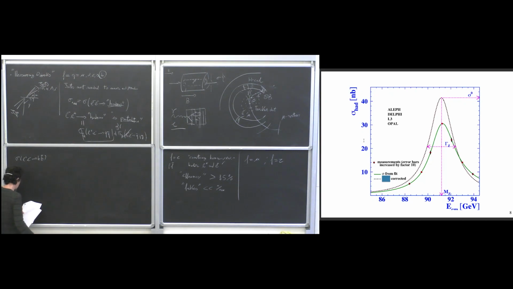Why is it so? It's because of the following. The bottom quark decays. The lifetime of the bottom quark is around 10 to the minus 12 seconds, which if you convert it into length, is around 1/3 of a millimeter.